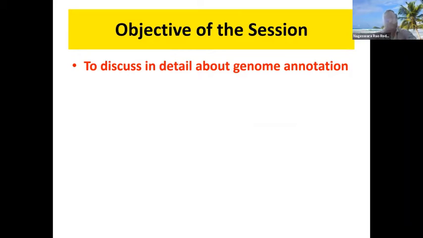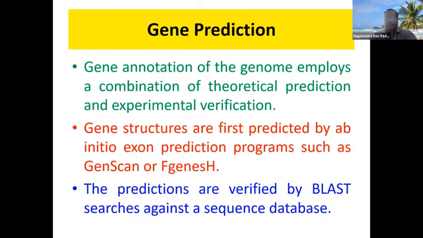The objective of today's session is, as usual, to discuss genome annotation in detail. The first aspect is that we employ certain tools or a combination of methods. We have 2 methods here: theoretical prediction and experimental verification.